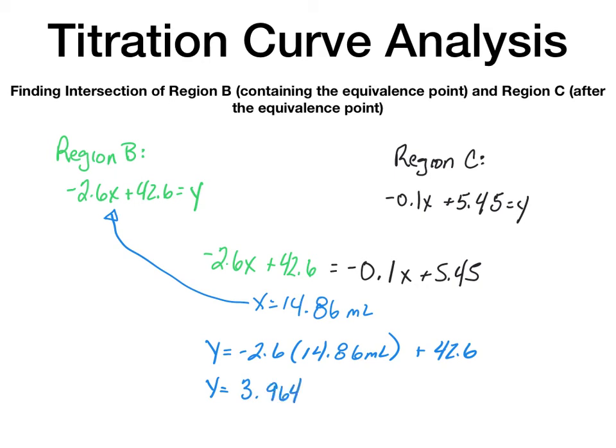And so my point of intersection is going to be my x value, 14.86, comma, my y value, 3.964.